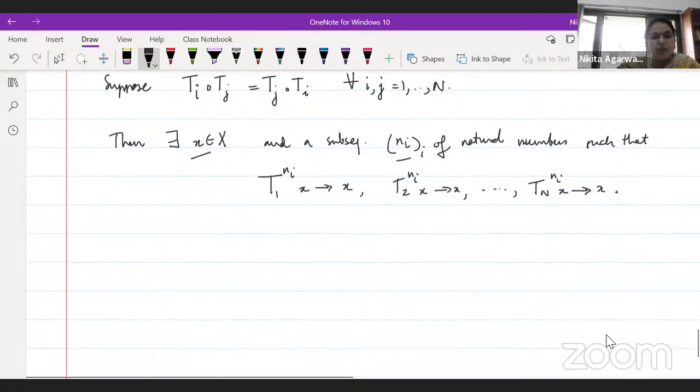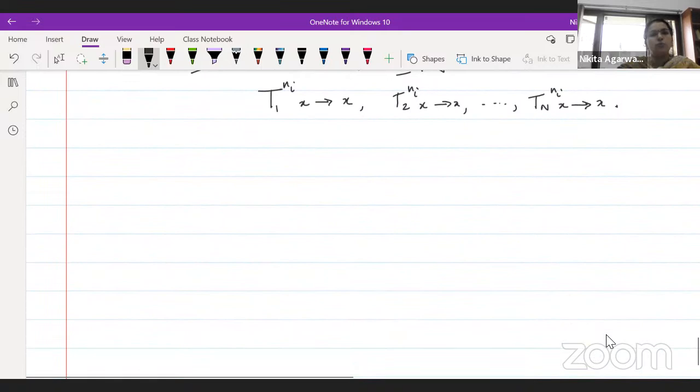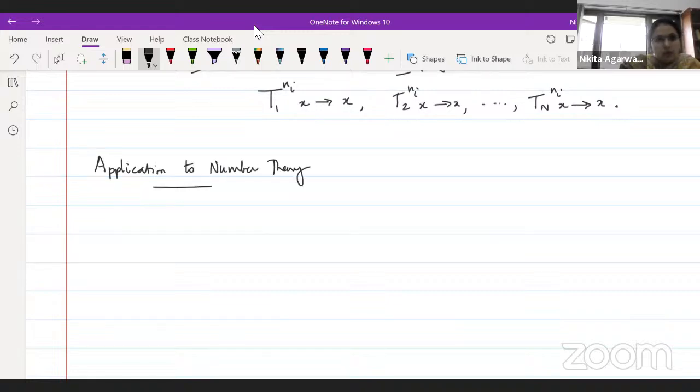So this generalization was used to prove a famous theorem in number theory called... So, application to number theory, which is called van der Waerden's theorem. Okay, so let me state what this theorem is.